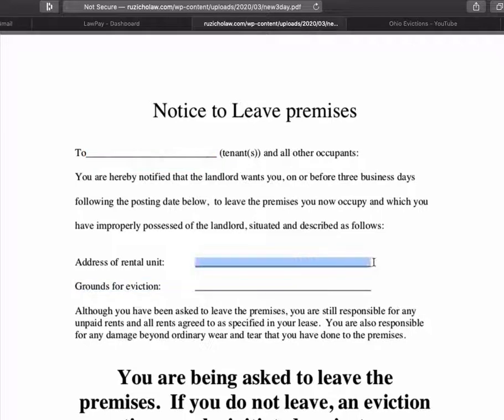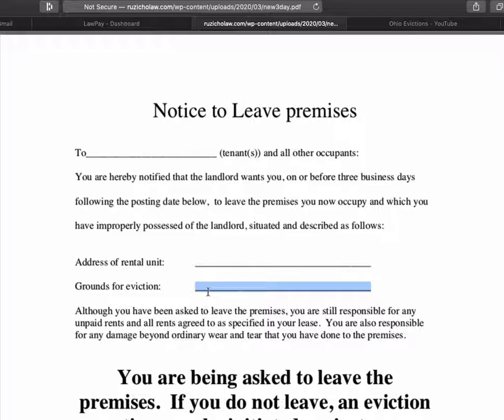Right here we would put the address of the rental unit from which you want to evict the tenants. A lot of people mistake grounds for eviction as the address of the rental unit, but the grounds for the eviction are the reasons for the eviction.